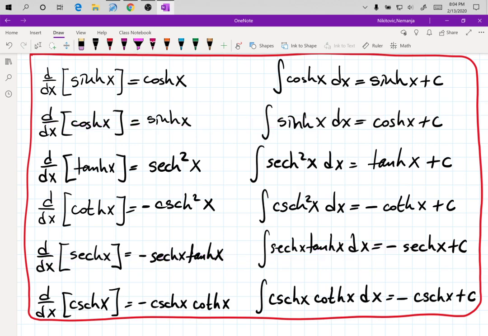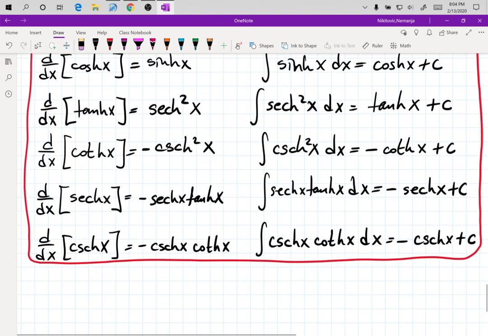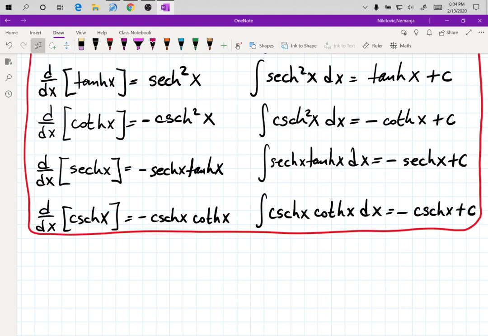Cool. Now, I'm going to pick up one of these formulas because you rarely see the base example. Most of the time, you have chain rule for derivatives and U sub for integrals. 99% of the problems are like that.